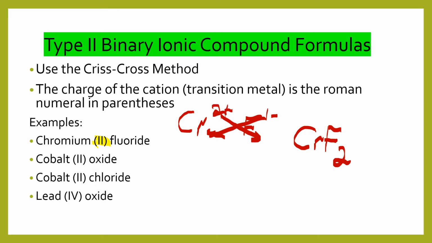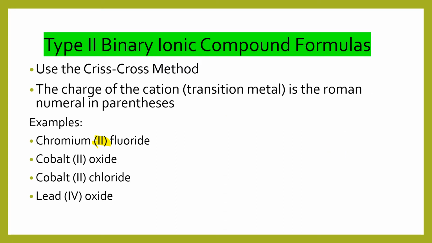All right, let's look at the next one, cobalt 2 oxide. All right, so we have cobalt, and it's telling us the charge on that cobalt is 2. And it's a metal, so we know it's a positive charge.